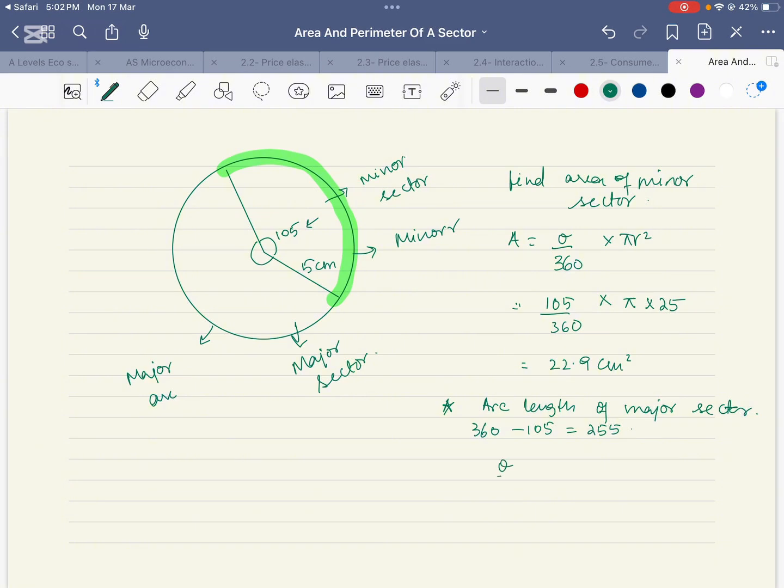So theta upon 360, as we are calculating arc length, into 2 pi r. This is 255 upon 360 into 2 pi r, which is 10 pi. Answer will be 22.3 centimeter only, because it's the length, it's not the area.